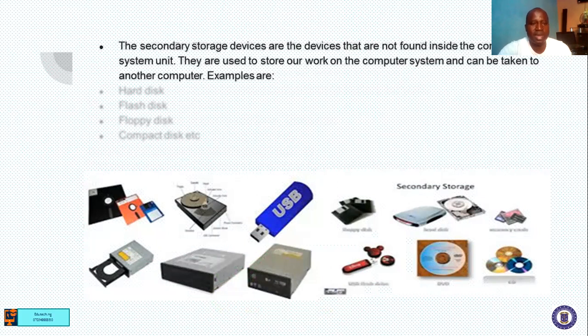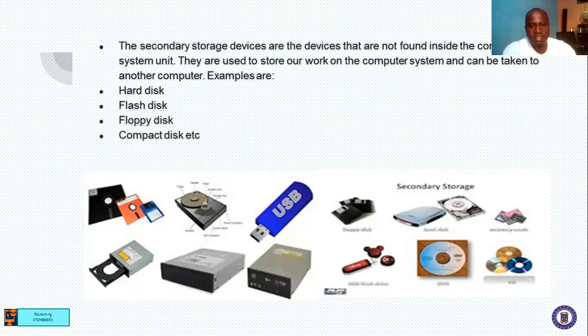You can remove them and take them to another computer. Examples of these secondary storage devices include the hard disk, the flash disk, the floppy disk, and the compact disk. From these pictures, you can see all the secondary storage devices.